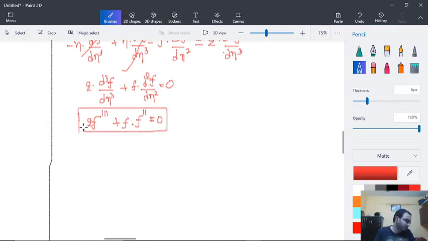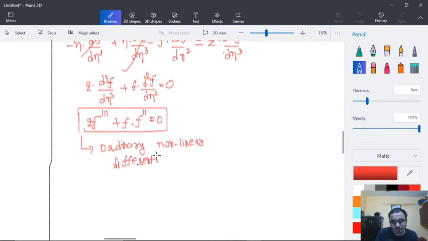So here we have obtained an ordinary nonlinear differential equation.